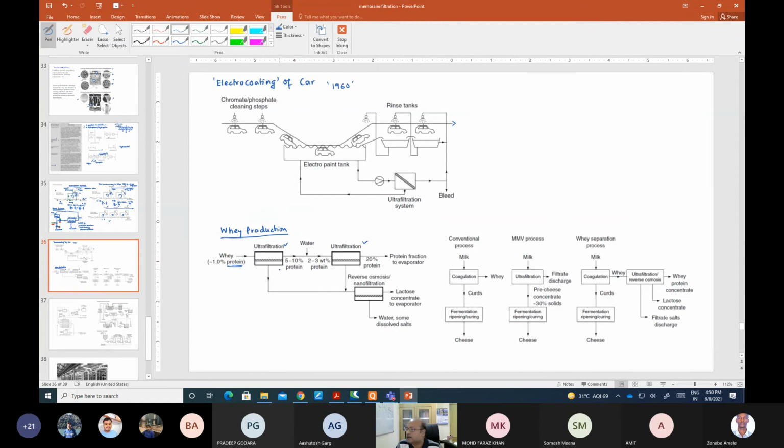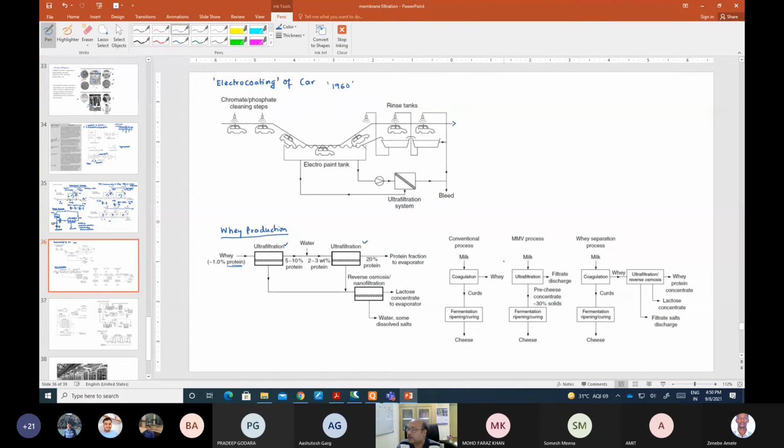So from the milk proteins, we need to take out the protein fraction from here. So we use an ultrafiltration membrane of certain size, and we use it in two stages, and the goal is to separate the whey into 3 streams.